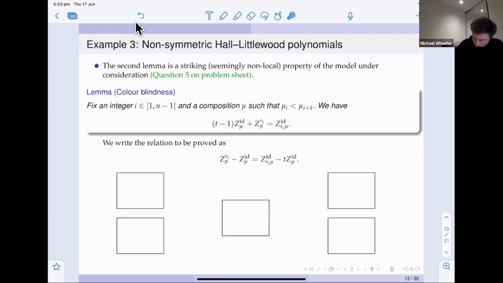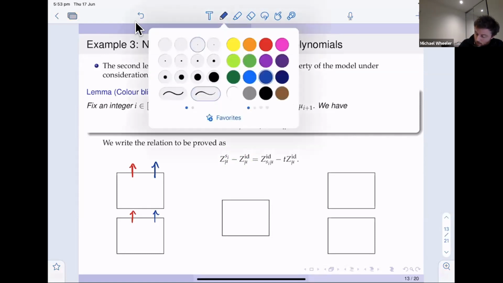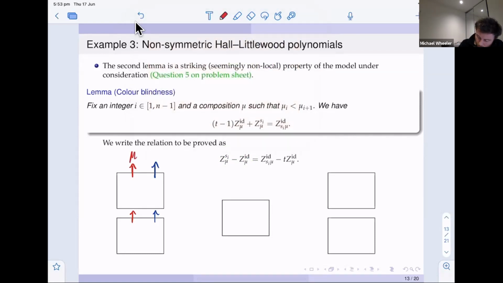So let's represent this graphically. I'll have a little path that exits here and which exits here, and somewhere else I'll have another path here and here. These two paths correspond with a part mu sub I, and this one corresponds with mu sub I plus 1. Those are the two parts of the composition that we're interested in exchanging. And note that they're in the same positions in both of those diagrams.